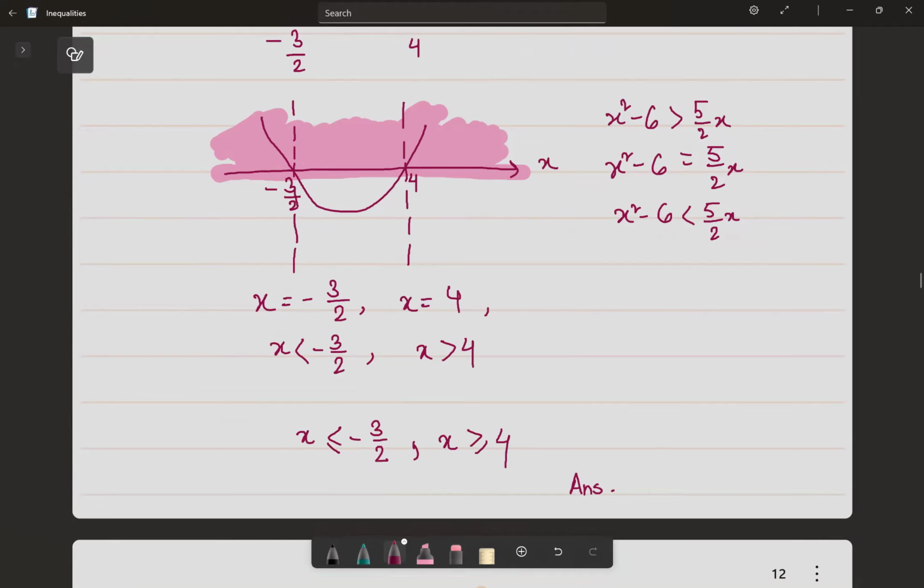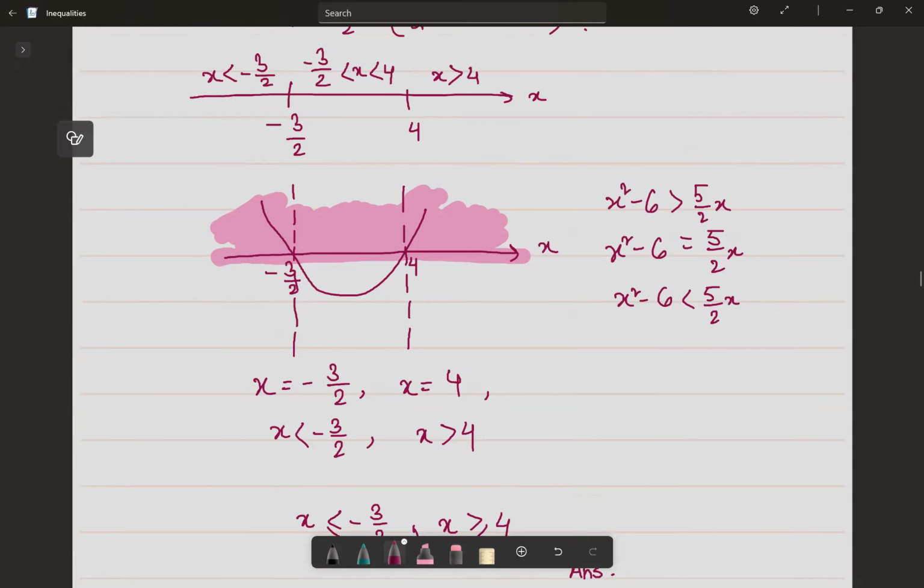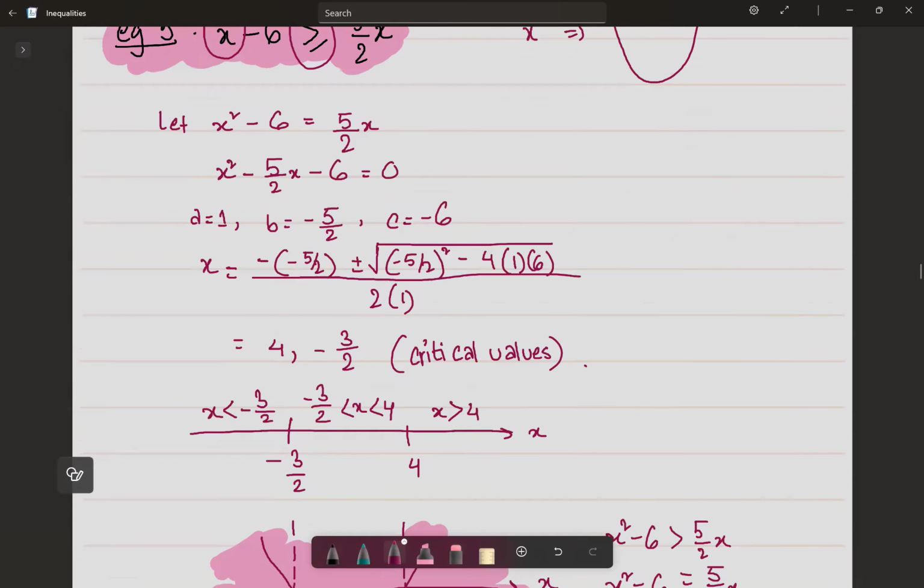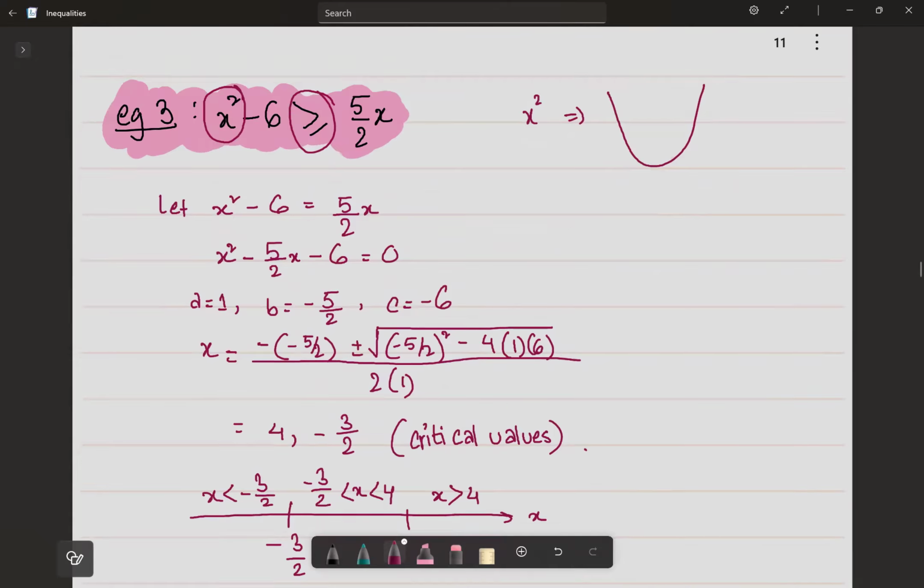If we review whatever we have done, we can see that for any quadratic inequality, we first assume it to be an equation and then solve it to find out the critical values. Then after we find out the critical values, we can use the number line to identify or name the regions that the critical values divide the points into.